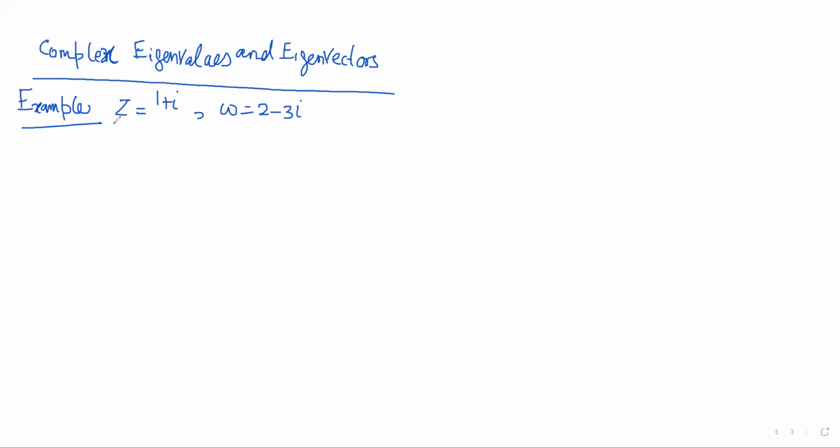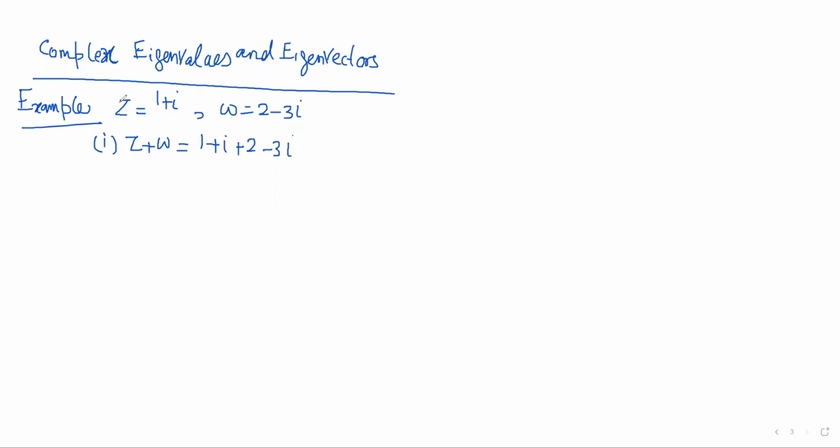Can we do these operations? For example, can we find z plus w? z plus w will be 1 plus iota plus 2 minus 3 iota. For the addition of complex numbers, we add the real part with the real part of the other number, and the imaginary part with the imaginary part of the other number.